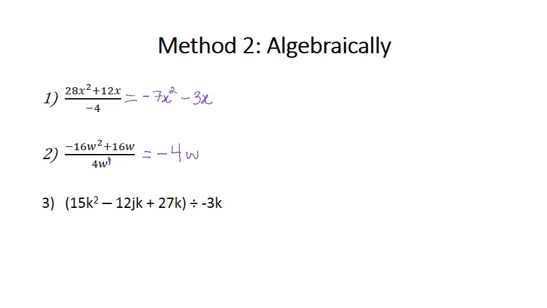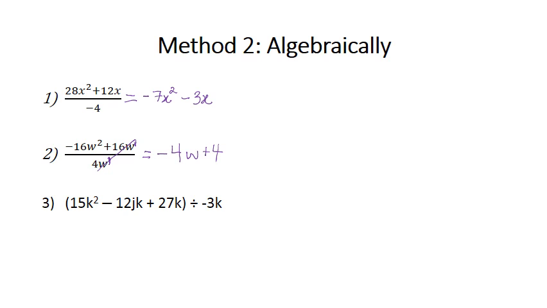This is equal to negative 4w. Then I have plus 16w divided by 4w. Well, 16 divided by 4 is equal to 4, and w divided by w, they cancel each other out. This would be a secret 1 and a secret 1, and 1 minus 1 is 0. So my answer, or my quotient, is negative 4w plus 4.